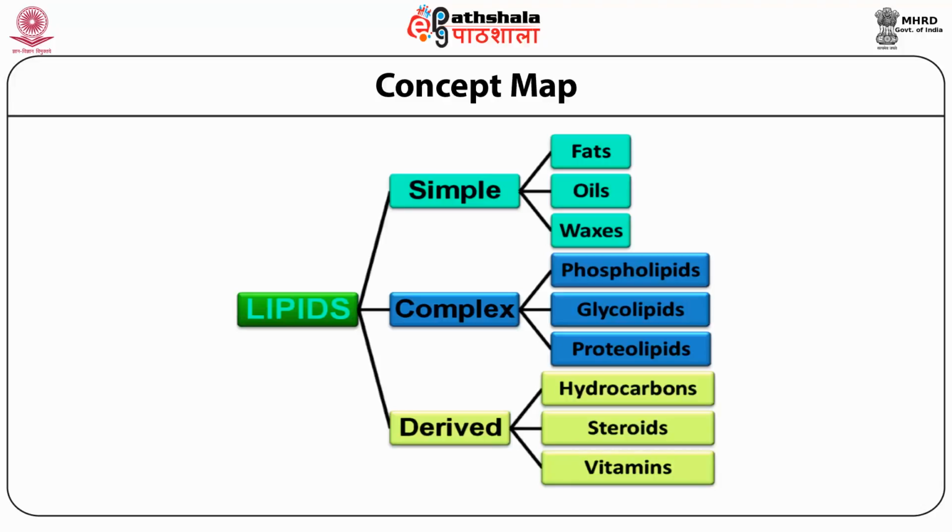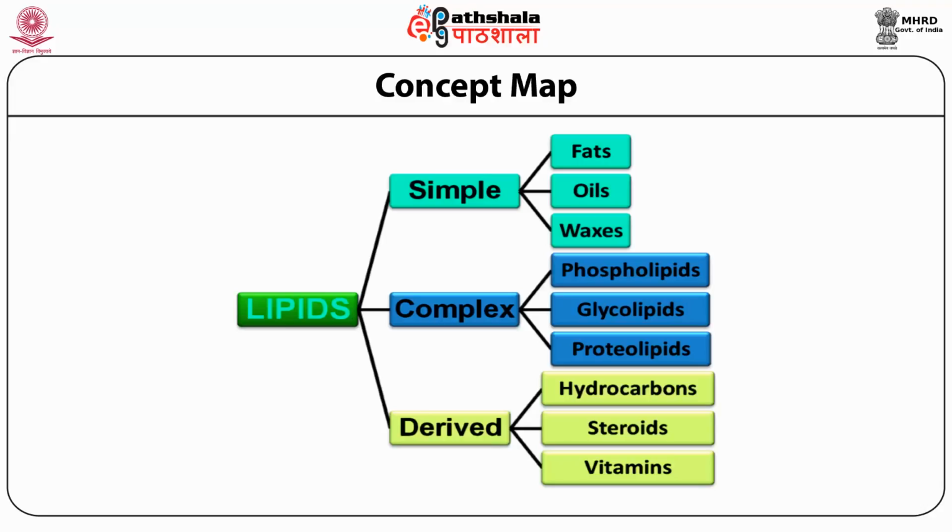Phospholipids are phosphorus containing lipids, whereas glycolipids are lipids containing saccharides or carbohydrates. When lipids are amalgamated with proteins, it forms a complex mixture of lipids which is called proteolipids.